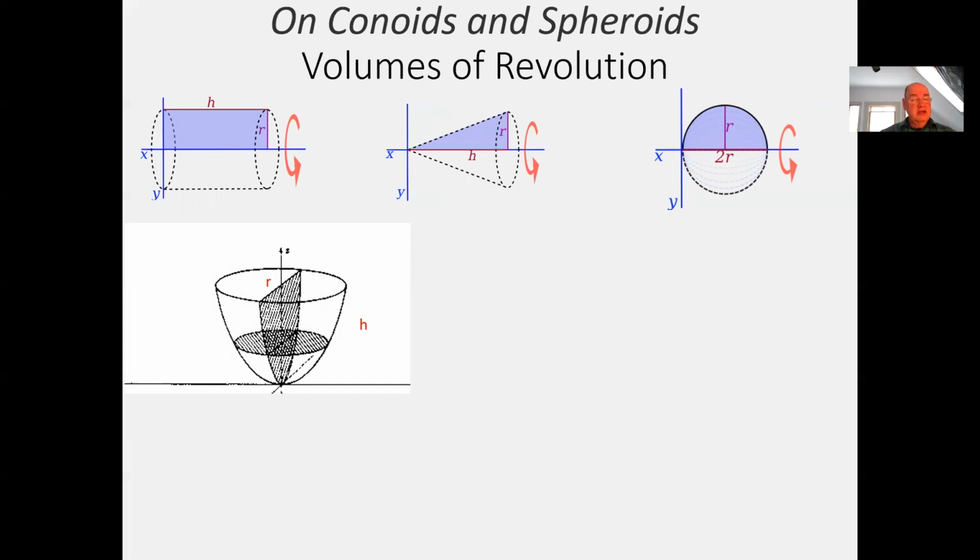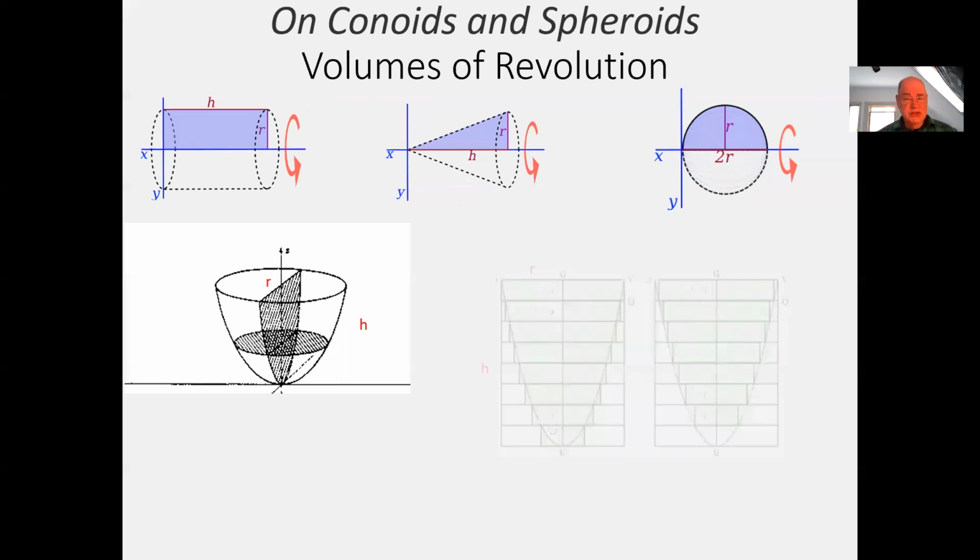Here's another variation on the same theme: taking a parabola, that gray segment there, and spinning it around the y-axis, a vertical axis, you will get a paraboloid, a nose cone. And again, there should be some way of figuring out the volume of the nose cone from the area of the parabola which is doing the spinning.